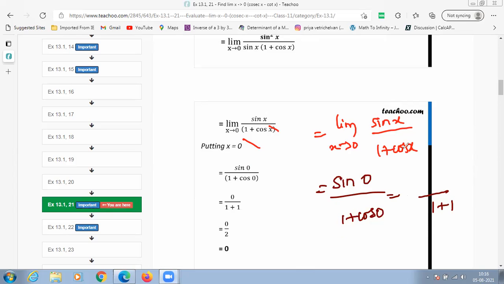Sin 0 in the numerator will become 0. So it's going to be 0 upon 2, which is 0. So 0 is also an integer. The only thing is, you should not get the 0 by 0 form, but obtaining the result as 0 is allowed.